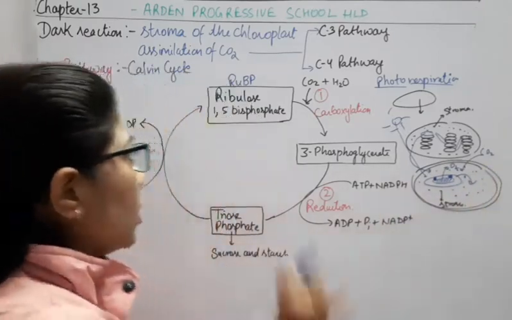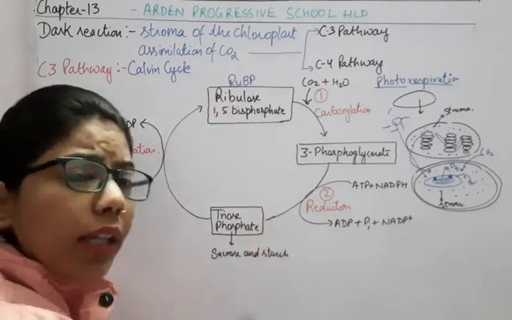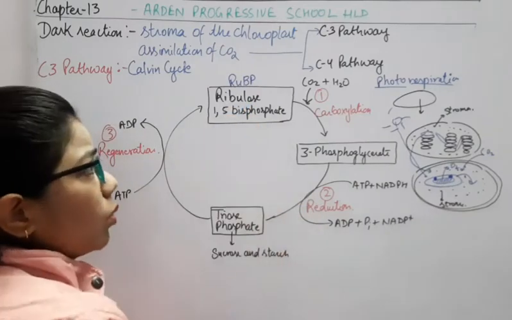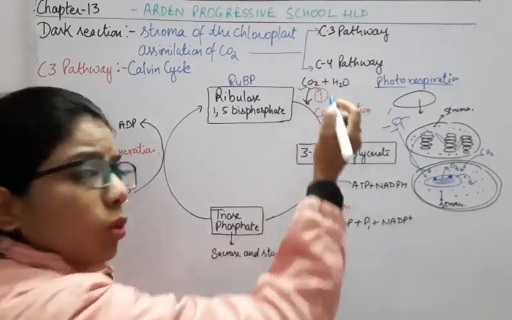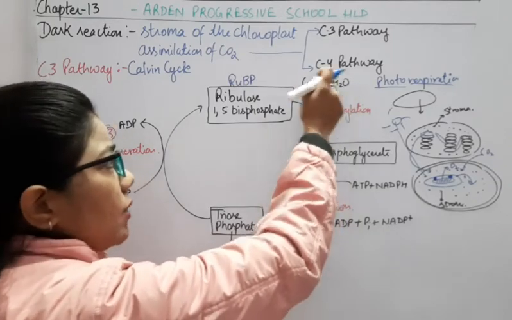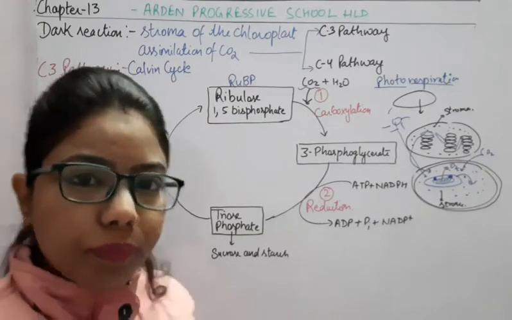So this RuBP is very, very important. Now, when it enters here and attaches with the CO2, as well as water, it will combine with RuBP.